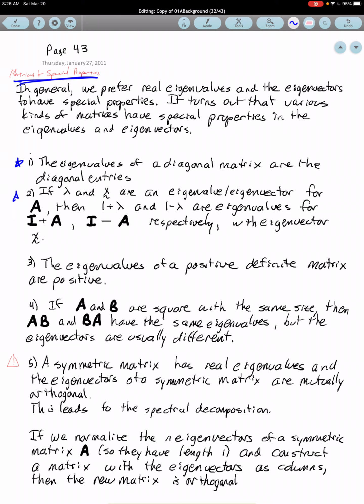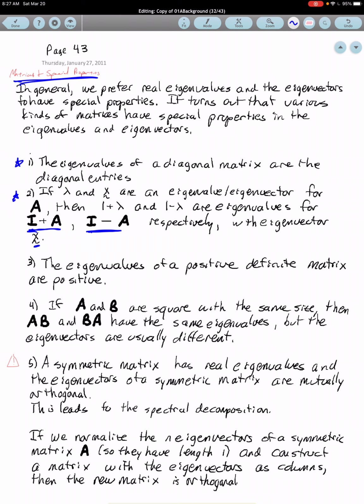This second property says that if lambda and x are an eigenvalue-eigenvector pair for the matrix A, then if we change A in one of these two ways, if we take I plus A, or we take I minus A, what we will get is new eigenvalues with the same eigenvector.